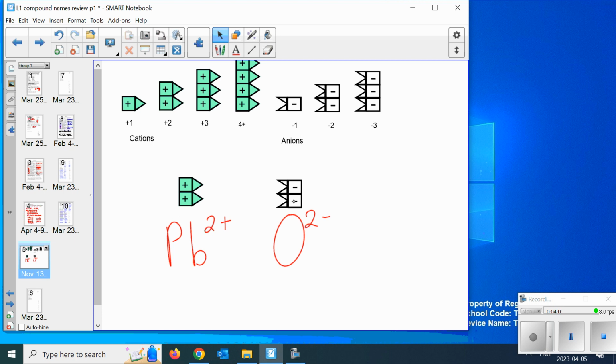And do they fit together? What I mean by do they fit together is, do they add up to 0, right? If the charges match, you just put them side by side, PbO, right? This is a review, so I'm not going to go on.